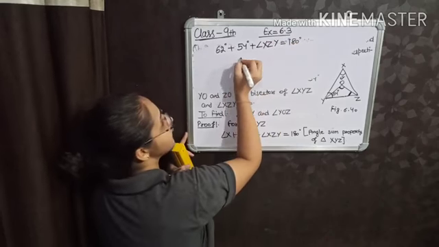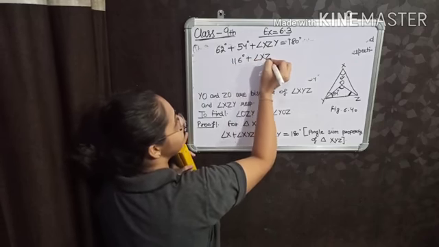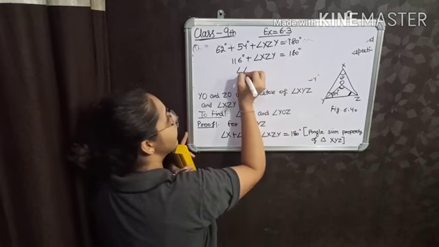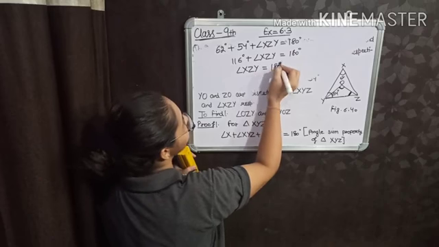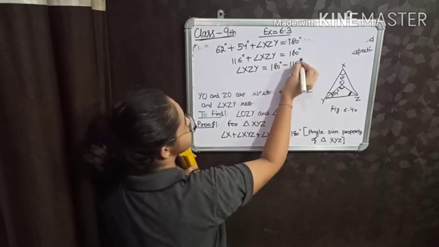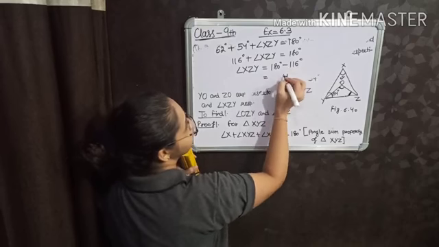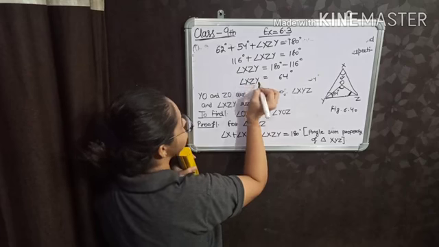Now 62 plus 54 is 116 degrees. Finally, the value of XZY is equal to 180 degrees minus 116, and it will give you 64 degrees. This is the value of XZY.